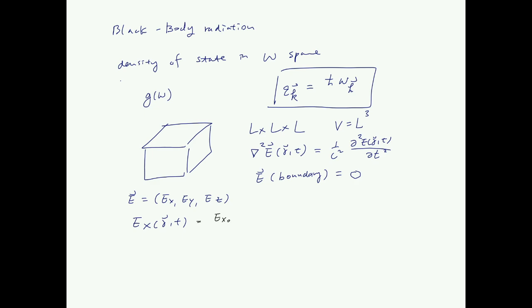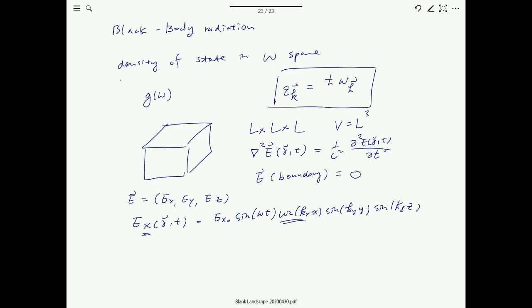The solution will look like a sine oscillation in time, and in space, if it is the x component, then x is cosine kx, while the other directions y and z are sine ky y and sine kz z.